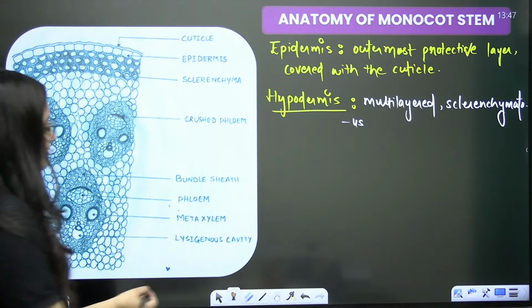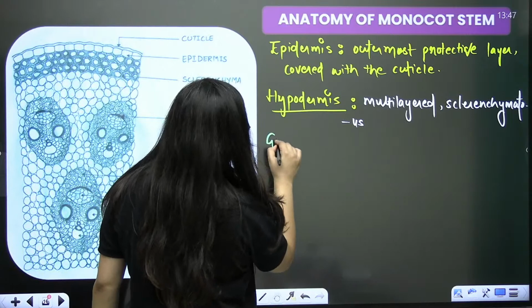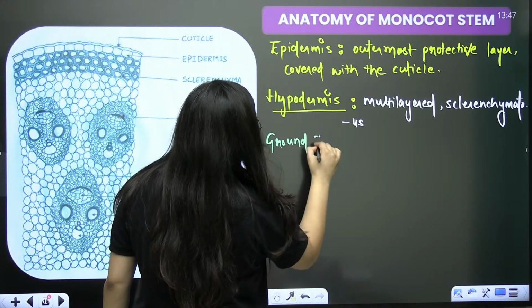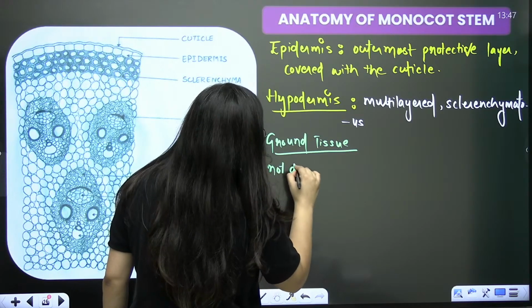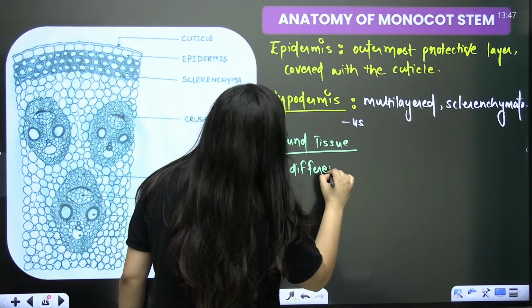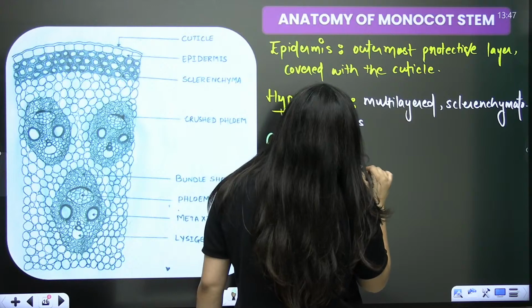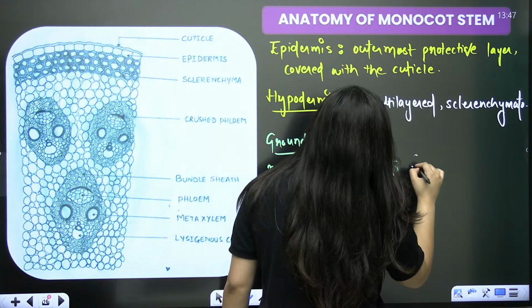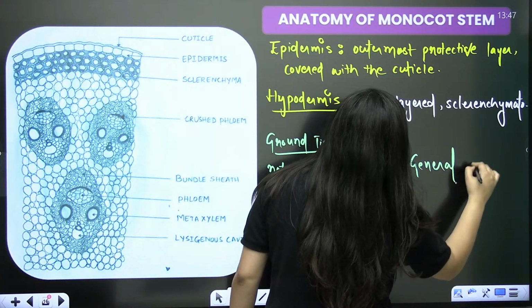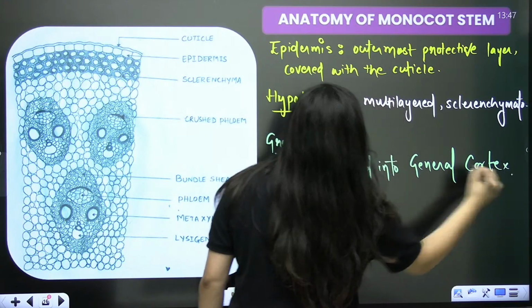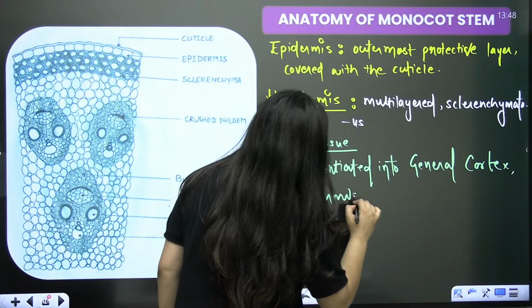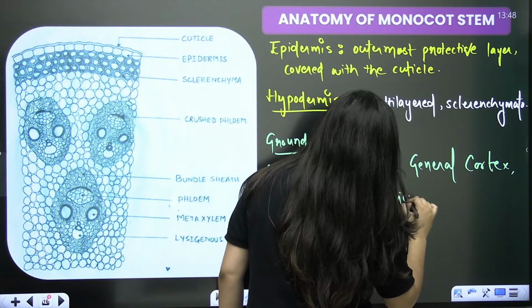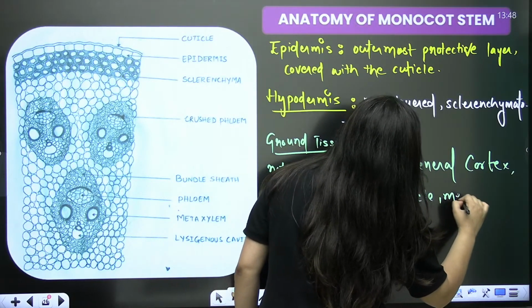Done. So here, when you talk about the ground tissue, no doubt the ground tissue is large, but it is not differentiated into general cortex, endodermis, pericycle, or medullary rays.